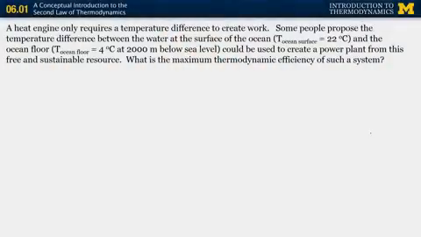So, what is the maximum thermodynamic efficiency of such a system? You're completely empowered to answer this question. The answer is, of course, the Carnot efficiency defined by those two limiting temperatures. So go ahead, write down your expression for the Carnot efficiency, and recognize these temperatures are in Celsius.